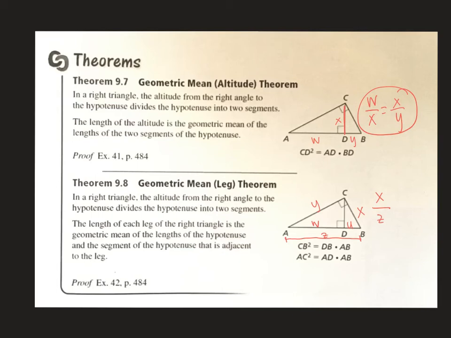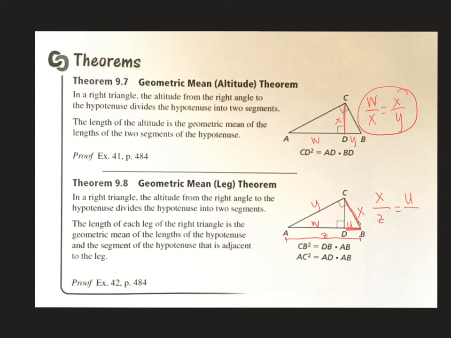I'm going to set that equal using the smaller triangle, but that smaller triangle is going to have to be the one that has X in it. So short leg over hypotenuse is going to be equal to the short leg in that smaller triangle, which would be U, over the hypotenuse of that triangle, which would be X. So it's just corresponding parts.